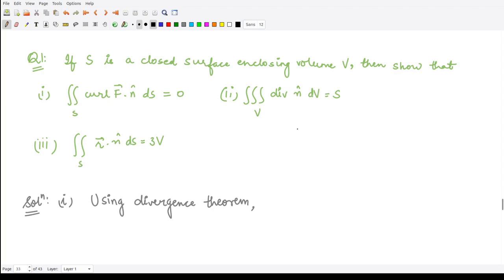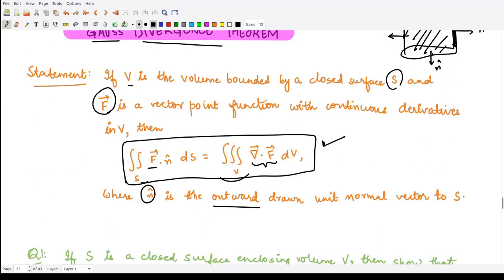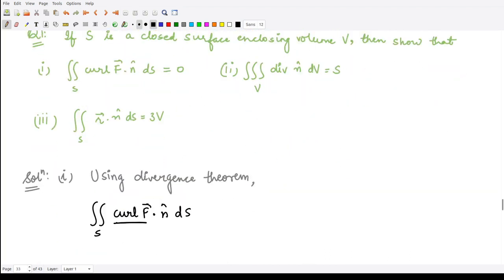So let's get going. For the first part, we can use the Gauss Divergence Theorem as we have just seen. So we have curl of f vector dot n vector ds. If you see your theorem here, vector f in this particular case would be curl of vector f.